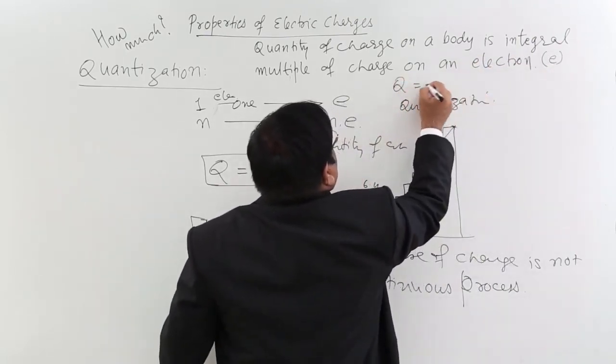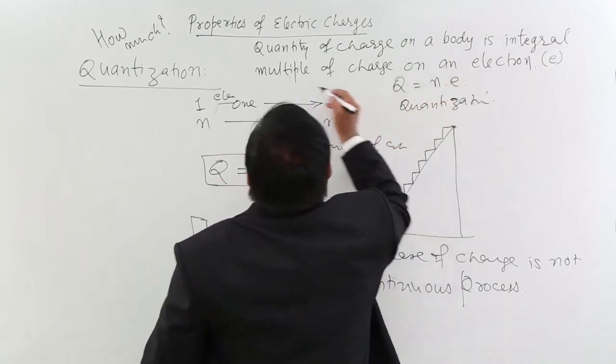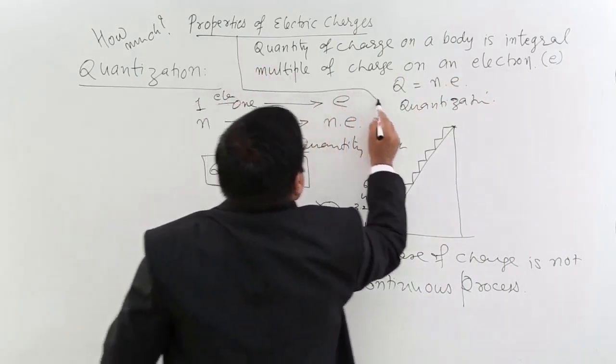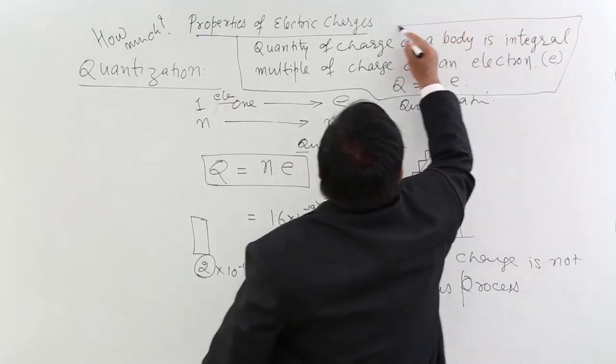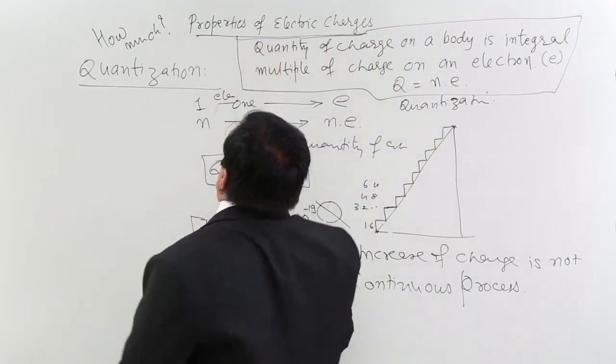So Q is equal to n e. This I am making a box. This is the quantization principle of electric charge.